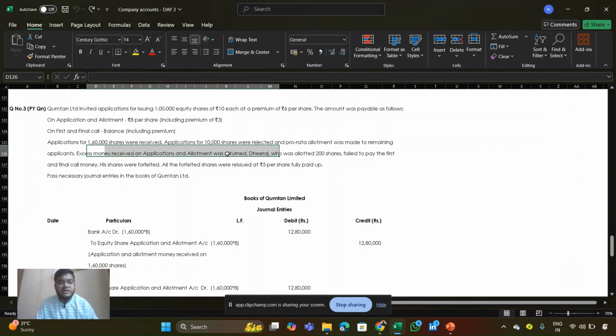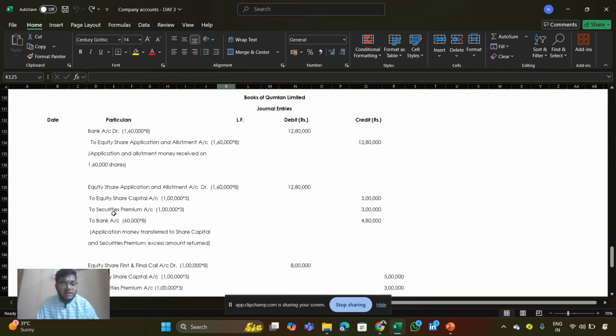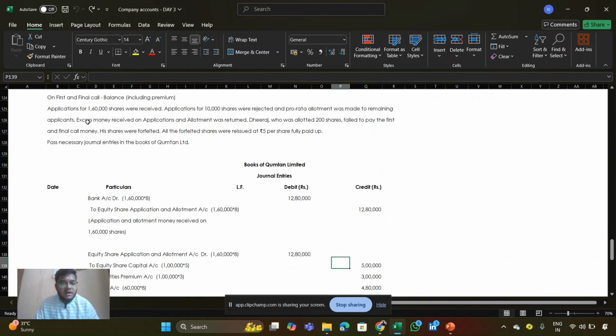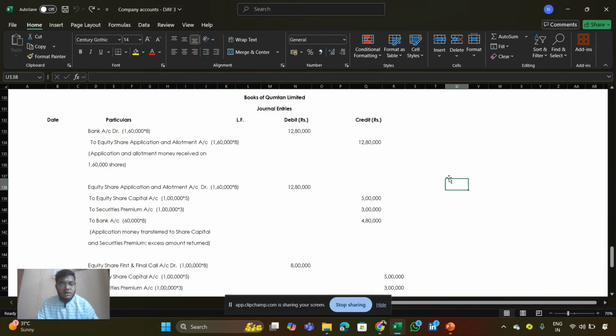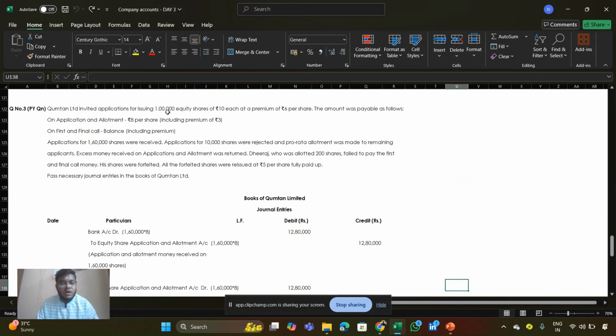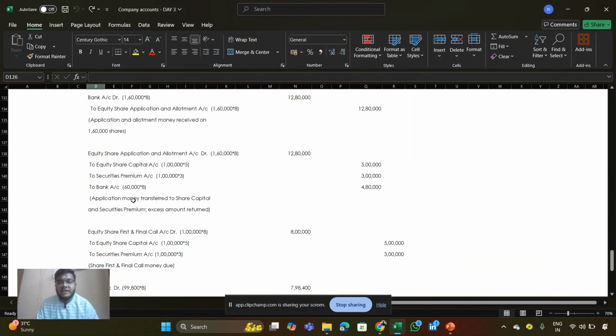So 10,000 shares were rejected, and for that we credit bank account: 10,000 into 8, which is 80,000. After adjustment, the excess balance will be returned. How much is the excess? We received 1 lakh 60 thousand, so 60 thousand is the excess. The 60 thousand excess will be refunded, so to bank account 60,000 into 8, 4 lakh 80 thousand will be returned.